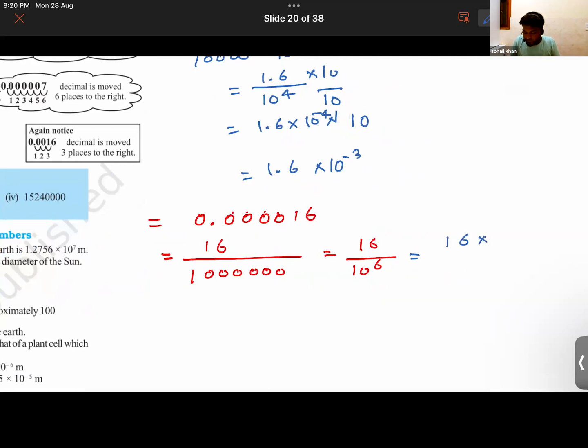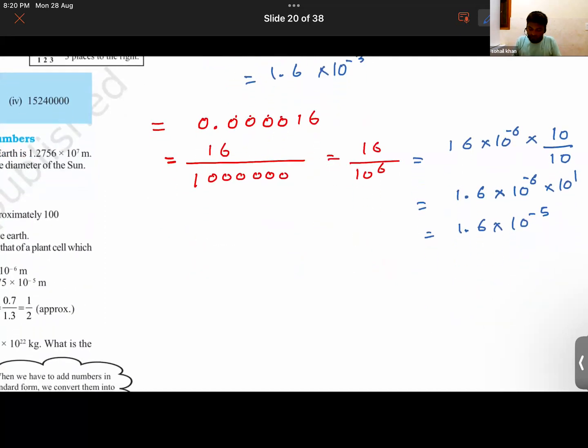So 16 into 10 raised to the power minus 6, multiplied by 10 and divided by 10 also. So it is 1.6 into 10 raised to the power minus 5. Good. Now solve one more question.